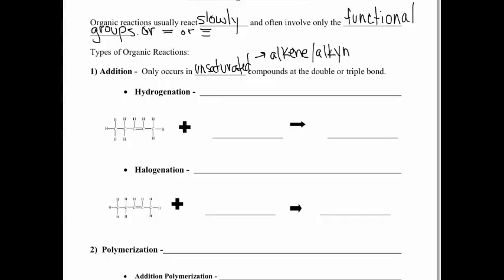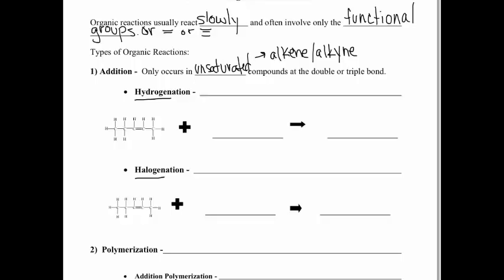We call them unsaturated because they could have more hydrogens, except that they have that double or triple bond, so they aren't fully saturated. So alkenes and alkynes do this. This is split into two different types of addition reaction. You can imagine if it's a hydrogenation reaction that you're going to be adding hydrogen, and if it's a halogenation reaction, you're going to be adding halogen.